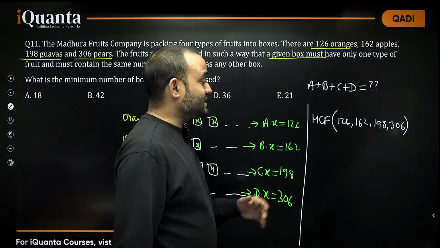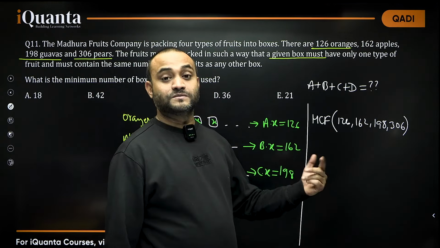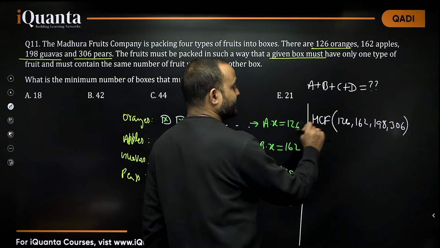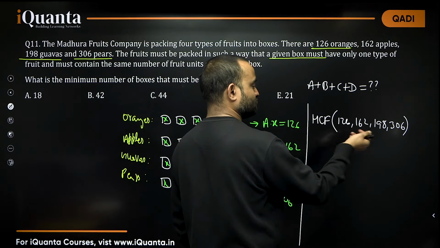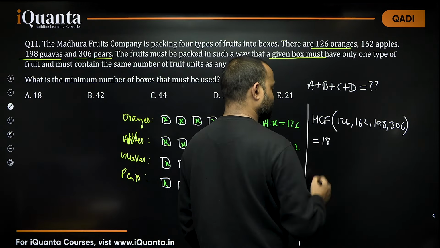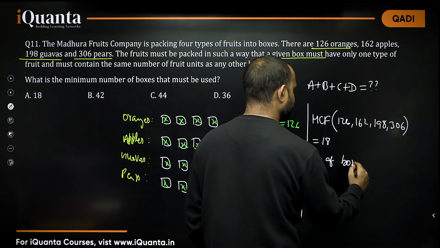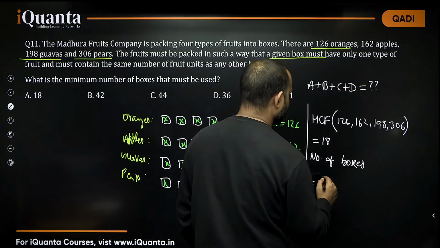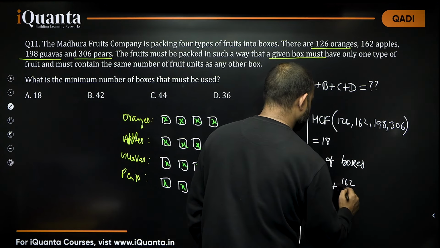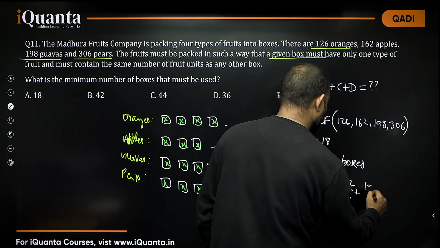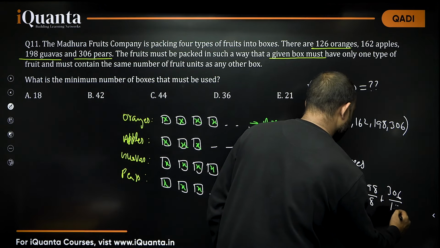So it is easily visible that all of these numbers are multiples of 9 and even, that means multiples of 18. 18 into 7, 18 into 9, so the HCF will be nothing but 18. So the minimum number of boxes will be 126 upon 18 plus 162 upon 18, 198 upon 18, 306 upon 18.